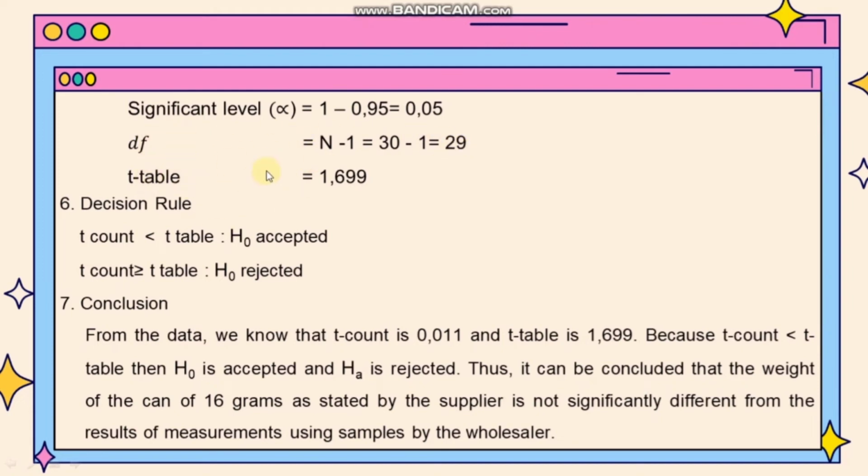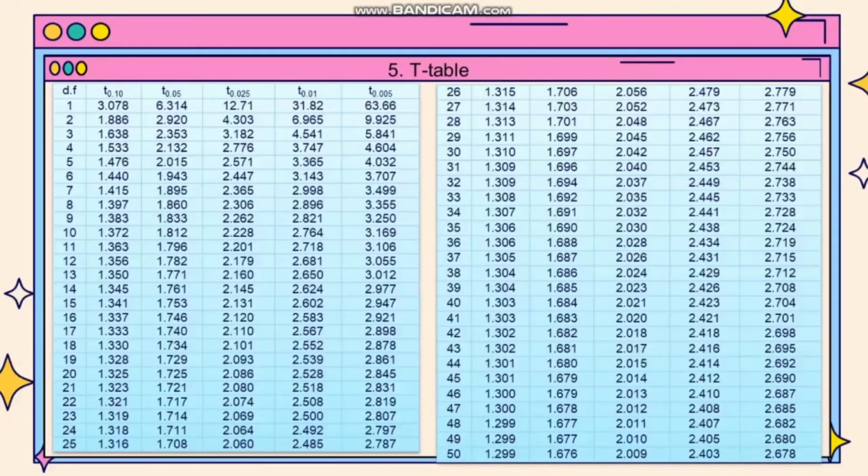For this criteria, we get the value of t-table is 1.699. We get the value of t-table from this, with the value of df is 29. With significant level, we use 0.05. So the value of t-table, we get 1.699.